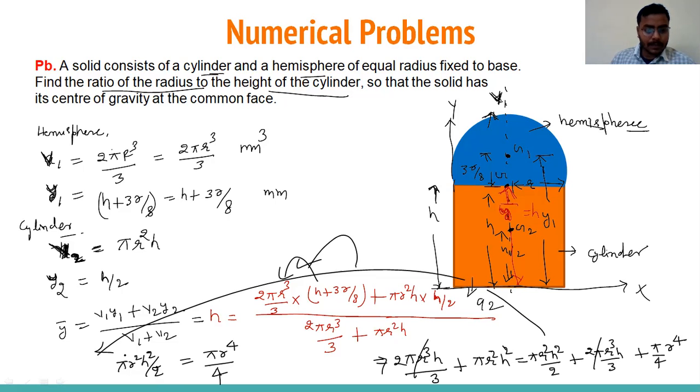Now here you will see pi would be cancelled, 2 is equal to 2, and r square will be cancelled. So finally we are getting h square is equal to r square divided by 2.